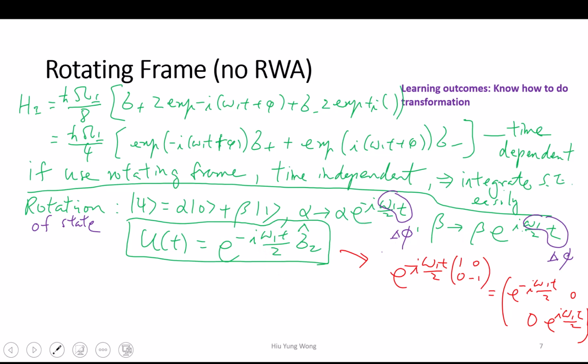But I'm rotating the vector, and what I care about now is rotating the frame. So what is the difference between rotating the vector and rotating the frame? It's like, I'm on the merry-go-round.